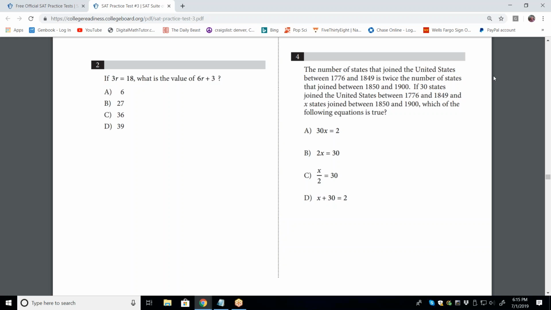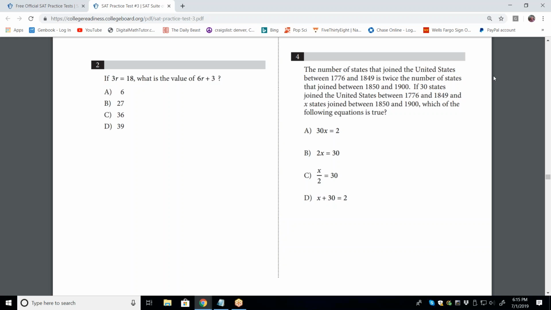Which one says x is equal to 15? Just solve them. No, x is equal to 60 in C. Solve each equation.